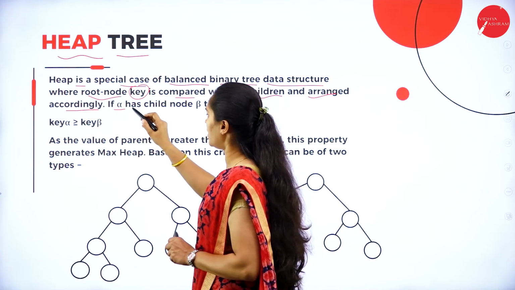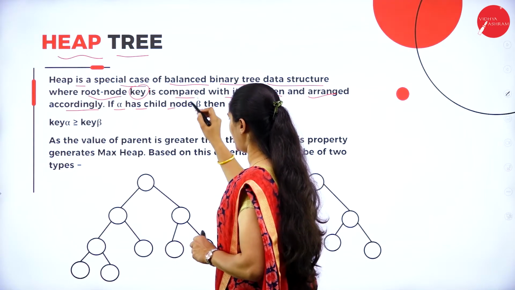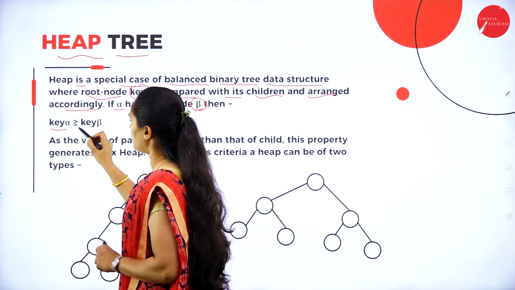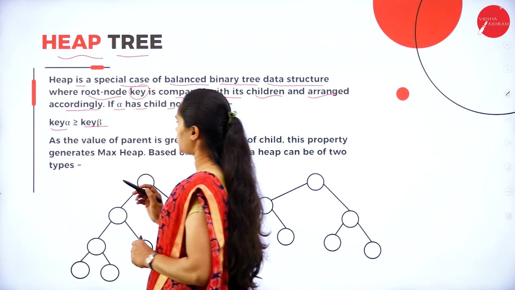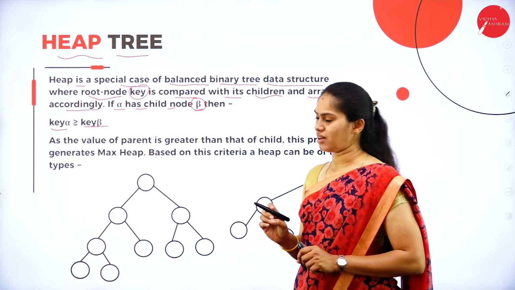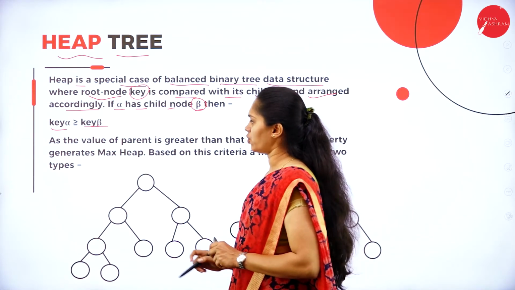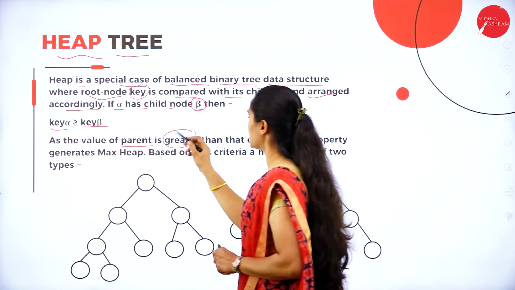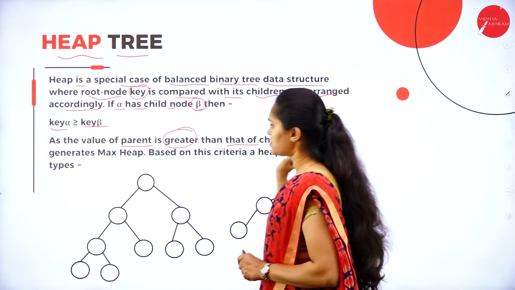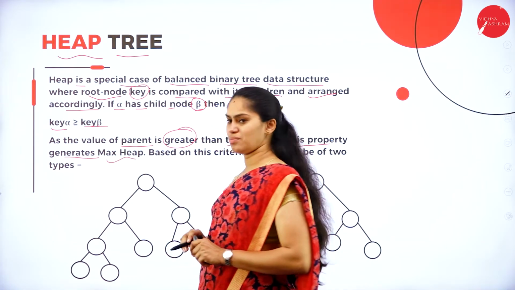So, if alpha has child node beta, then key alpha should be greater than or equal to key beta. That means the root node must be greater than the child node. As the value of a parent is greater than that of child, this property generates the maximum heap.